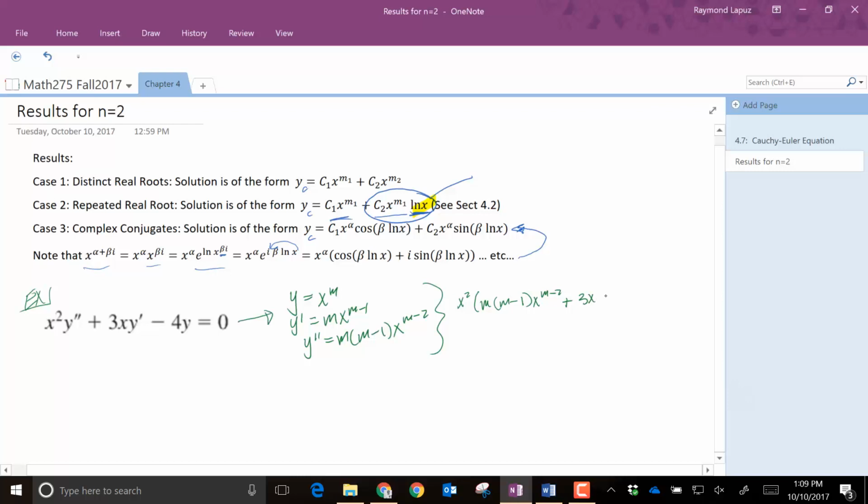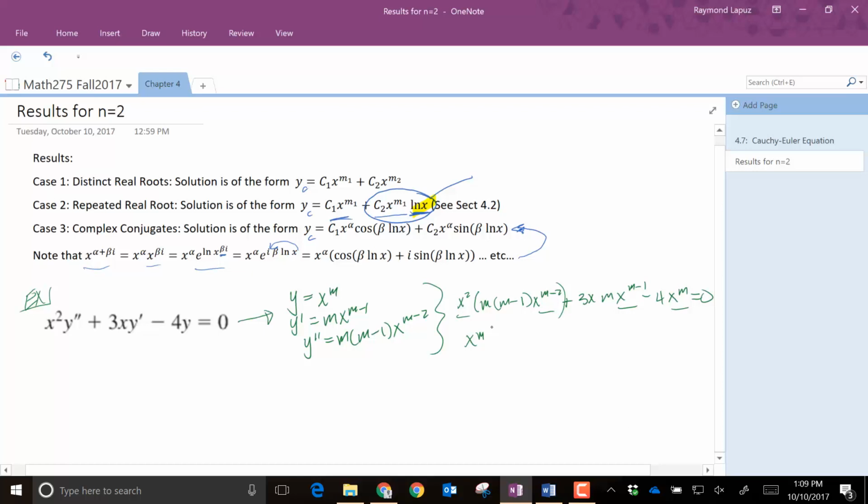Then we have 3x times y prime, which is m x to the m minus 1, and then plus 4y, which is x to the m. So again, you have x to the m as a factor common to all these terms.